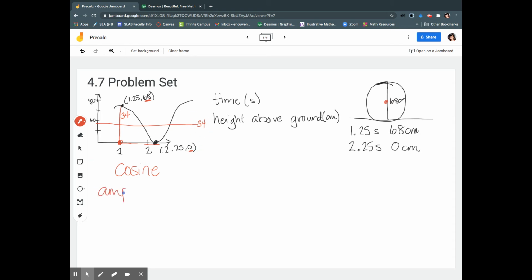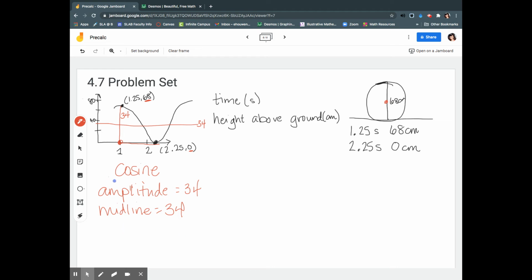So we know that the amplitude, which comes from the radius of the circle, is 34. And the midline is also 34, again, just in this situation.